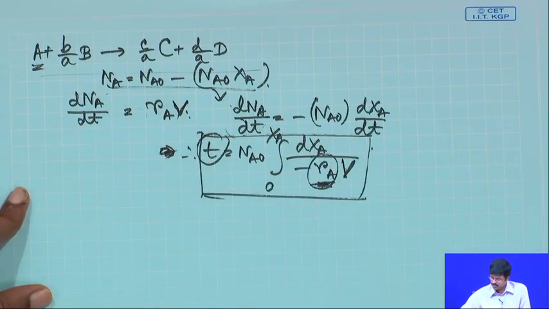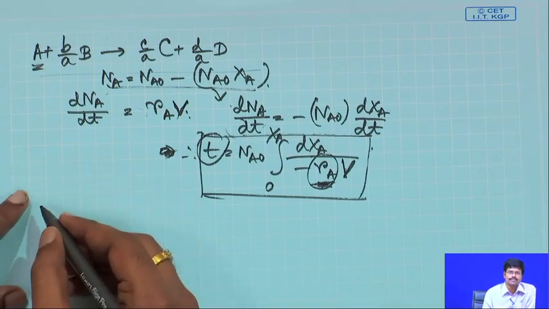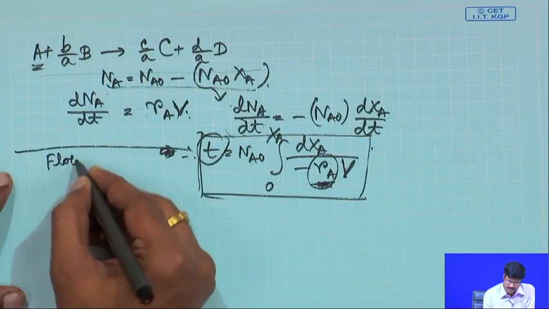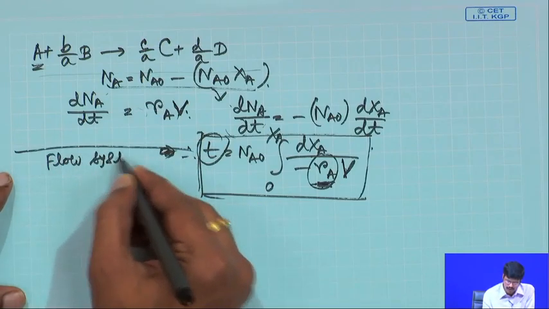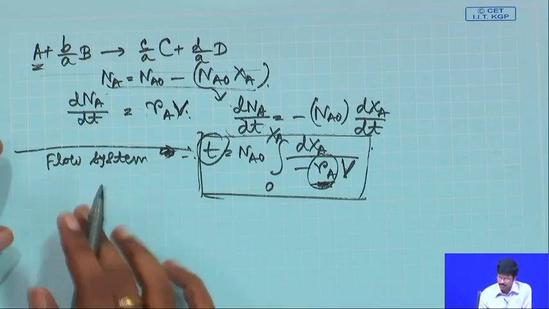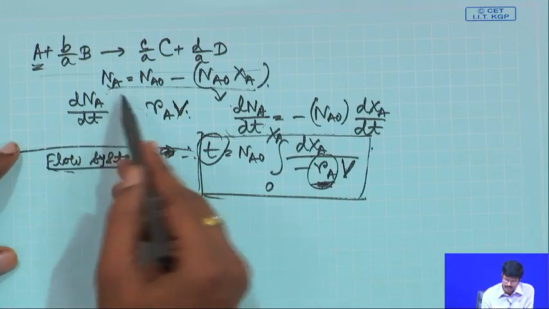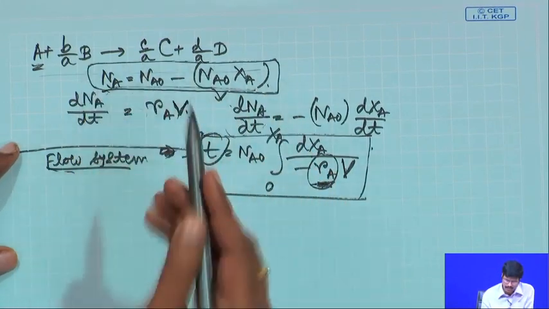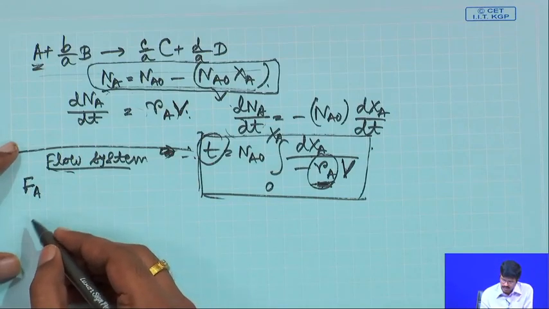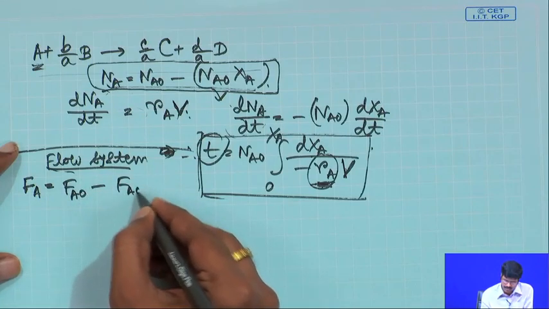Now, what happens in case of a flow system? This was a batch system. If you are looking at the flow system, this is in general true for all, for example CSTR or PBR or PFR. You can write the equation the same way. Instead of Na equals this, you can write Fa equals Fa0 minus Fa0 into Xa.